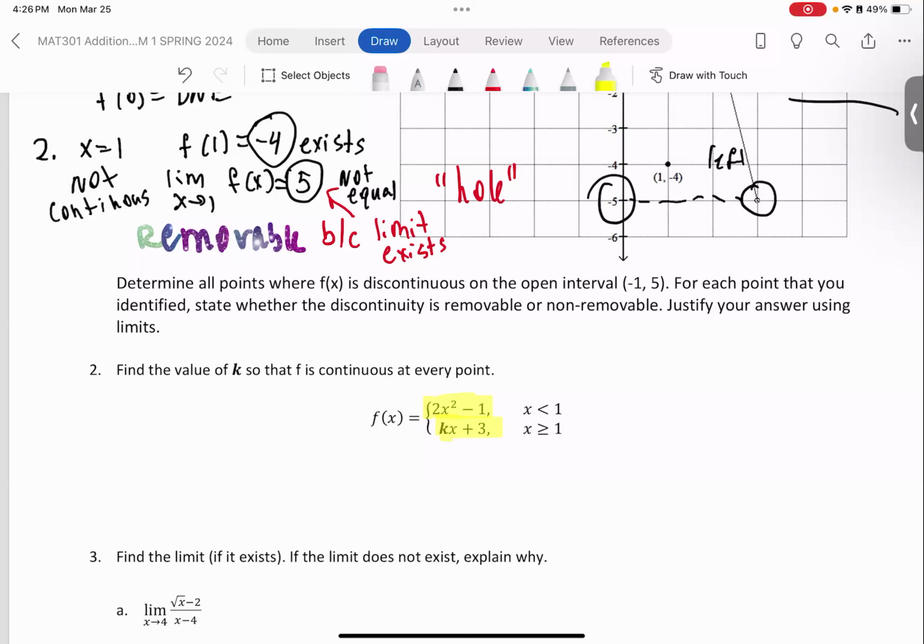So the question is, what is k so that f of x is continuous where? Where do we want to ensure the continuity? At 1. It's okay everywhere else. The only problem would come up if you were dividing by 0, but we don't. And these are two perfectly good functions.